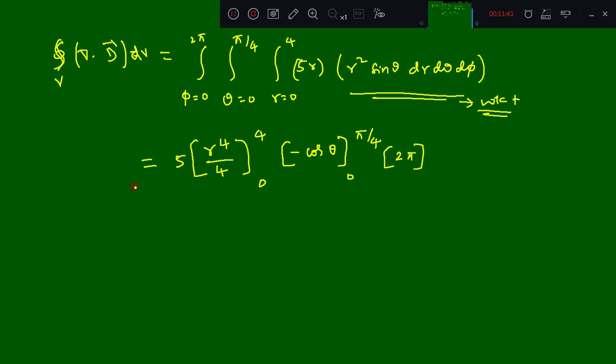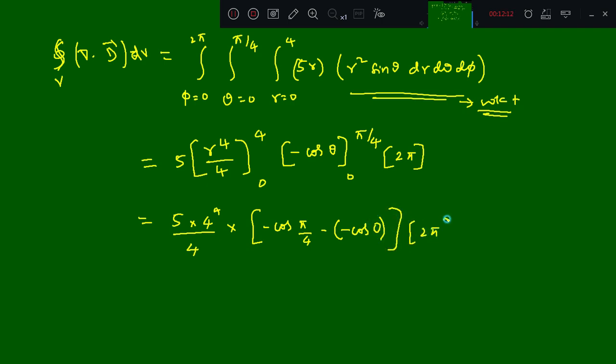So if you calculate this value, it is 5 by 4 into 4 raised to 4 into, again, minus cos pi by 4 minus of minus cos 0, into 2 pi.